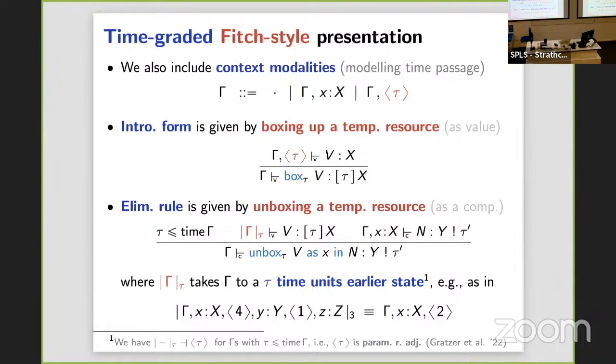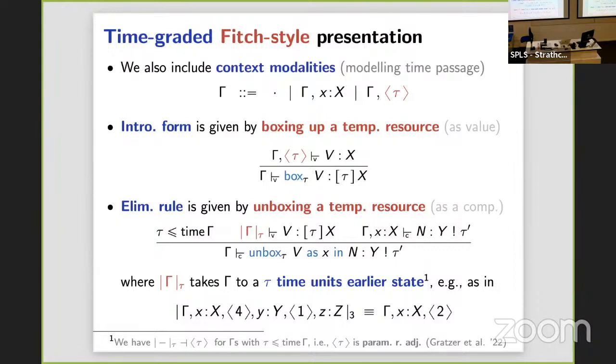Now when we do a minus operation on this context with time 3, we remove this Z, we remove this 1, then 3 becomes 2, we remove this Y, and finally we remove the remaining 2 time units from 4, and we arrive at that. So the idea is that, yes, in order to be able to unbox something now, it had to be brought into scope or constructed enough time in the past, so that it's safe to do it now.